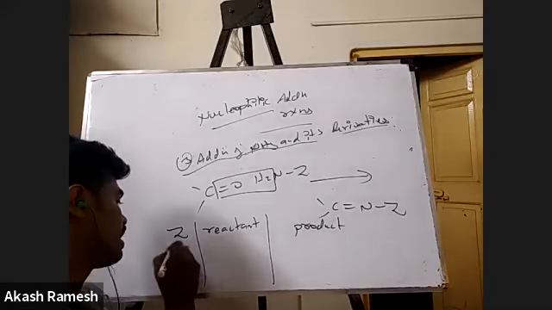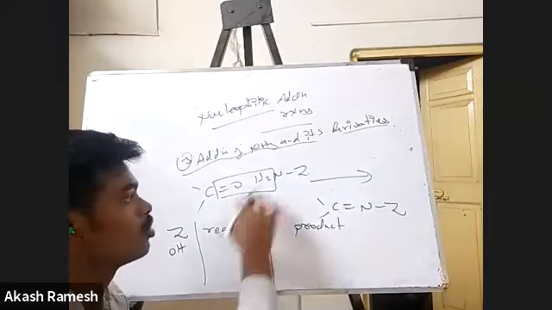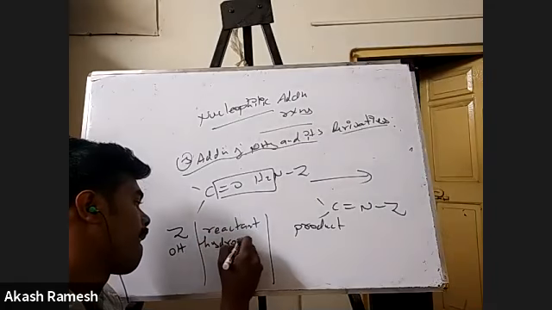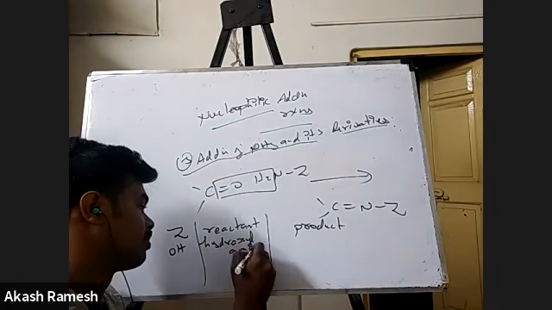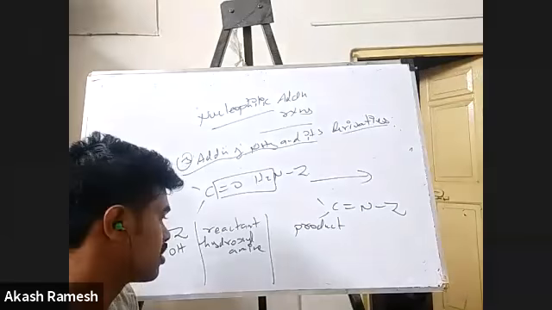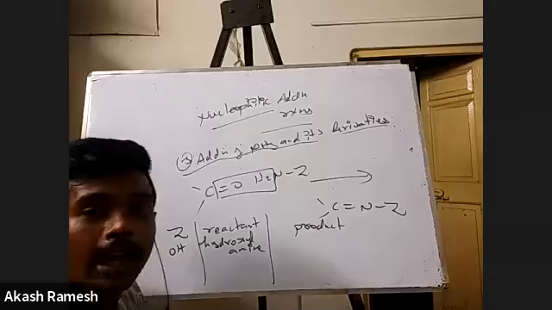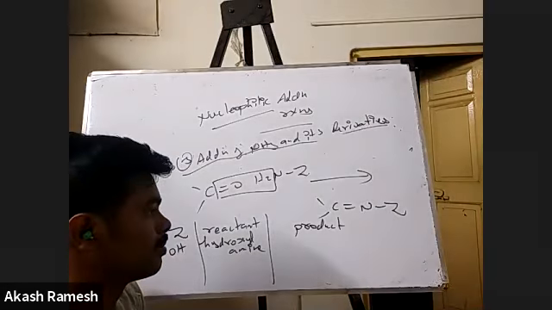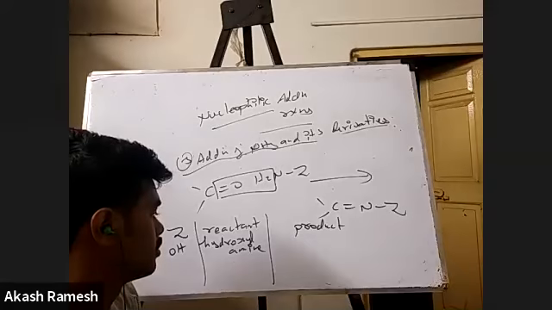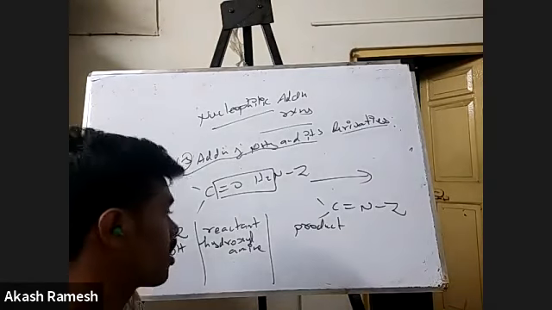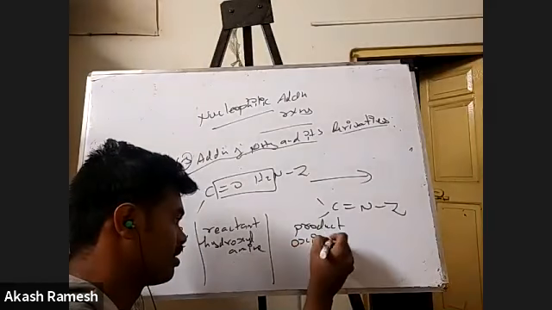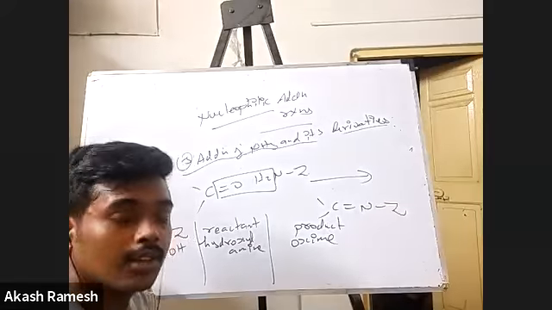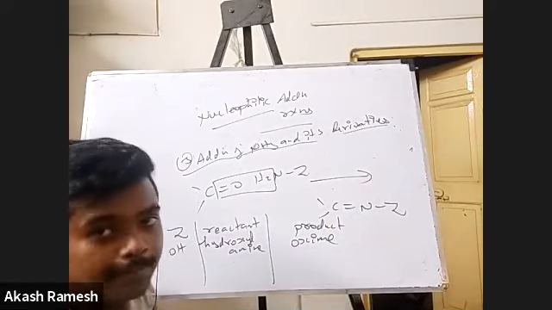If this Z is OH, NH2OH, it's called hydroxylamine. And the product name, I forgot. Oxime. Thank you. The product NH2 C double bond N OH is called oxime.